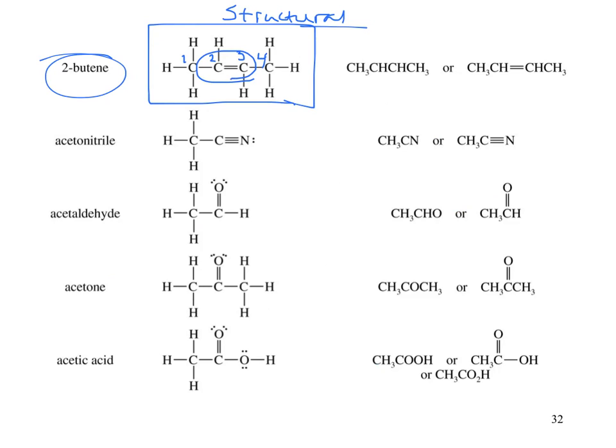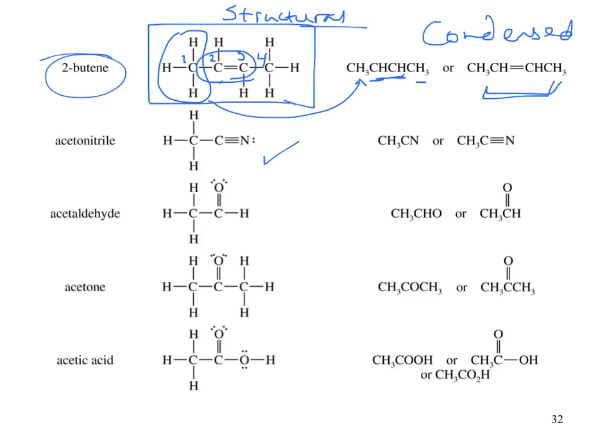If I have to draw the condensed form, so these are all condensed structures, I'm going to condense this part into the methyl. I'm going to condense the CH and then another CH and then a CH3. Now the fact that it is a CH and a CH automatically would mean that there is a double bond in between. Or you can show the double bond to explicitly say that it is an alkene.